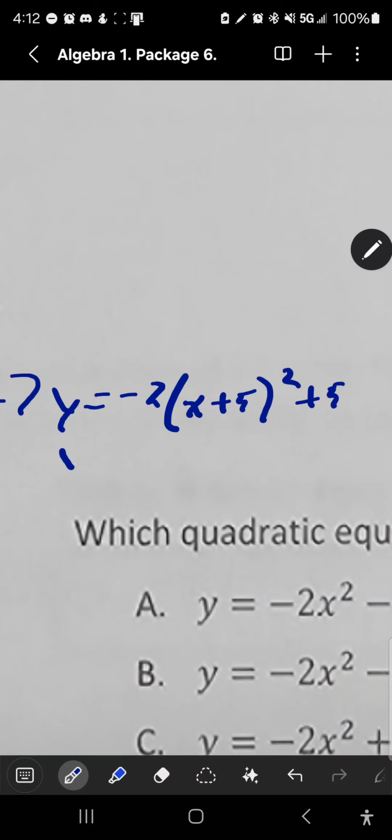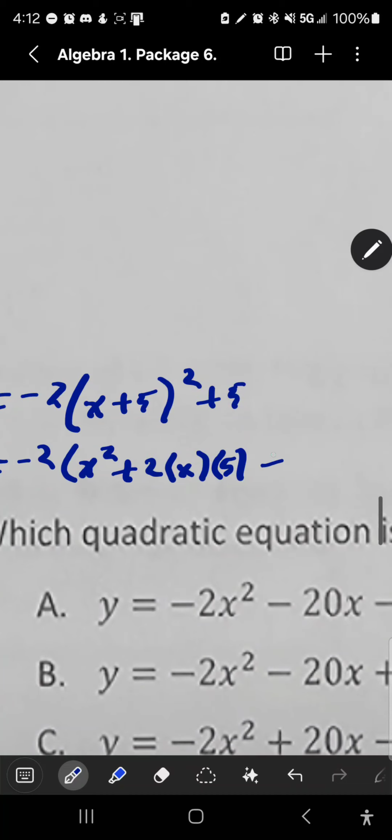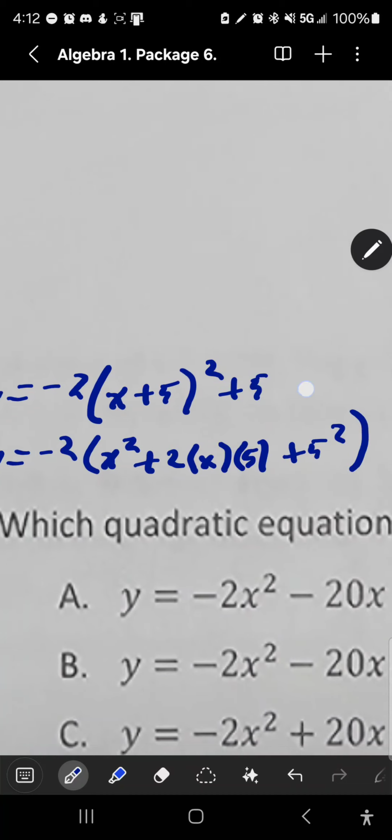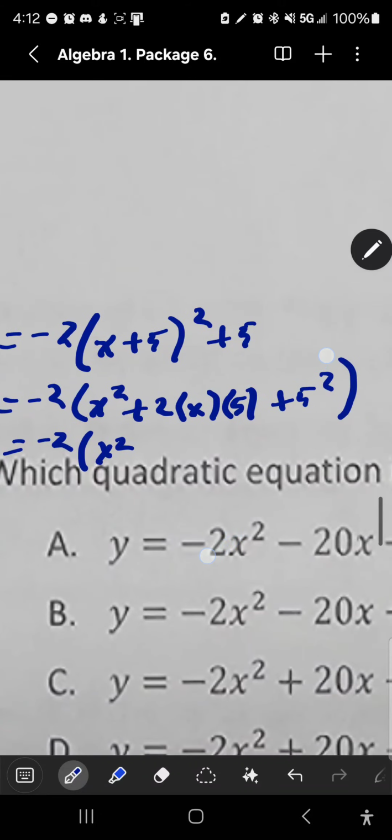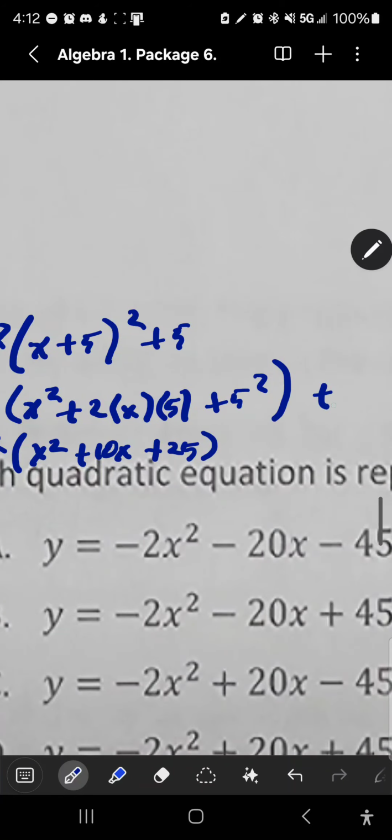It will be equal to negative 2 times (x squared plus 2 times x times 5 plus 5 squared). It will be negative 2 times x squared, 2 times 5 is 10, so plus 10x, and 5 squared is 25, so plus 25, plus 5.